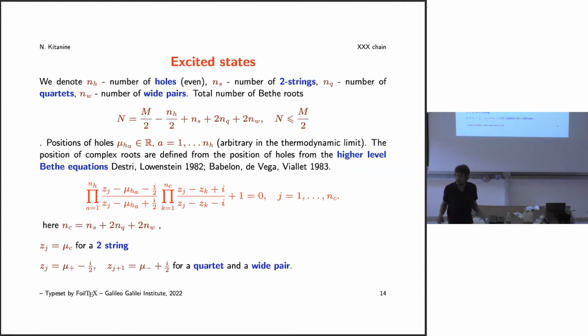So in the future, I will speak about infinite data, the Bethe roots, and finite data, the solution of these higher level Bethe equations. So what we want to do, now I can precisely state what we want to do, is to express the form factor uniquely in terms of this data, positions of holes, positions of complex roots.